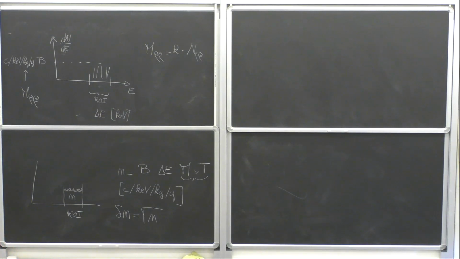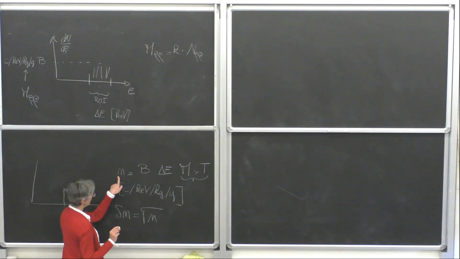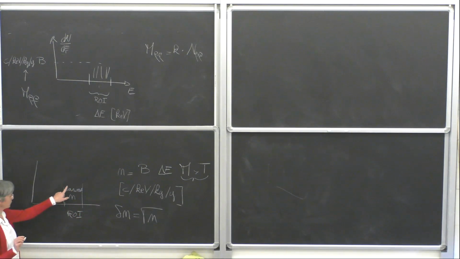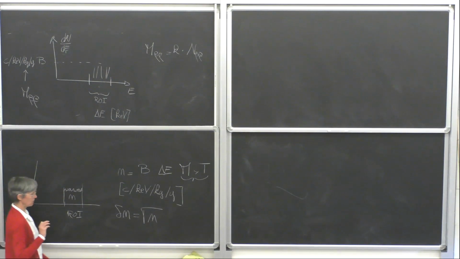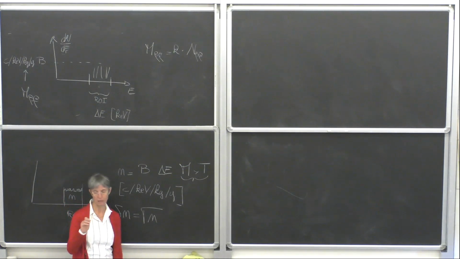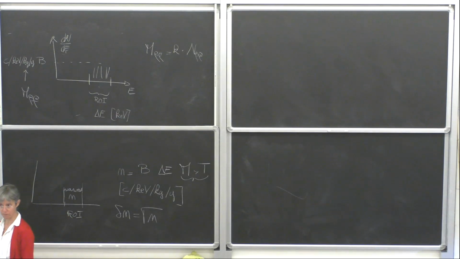That means you need to have n large enough that I can assume the fluctuations are Poisson fluctuations, but I can approximate my Poisson with the Gaussian, and in that case, my best evaluation of the Gaussian standard deviation is the square root of n.